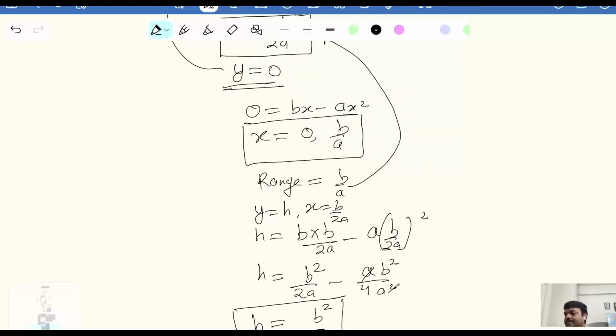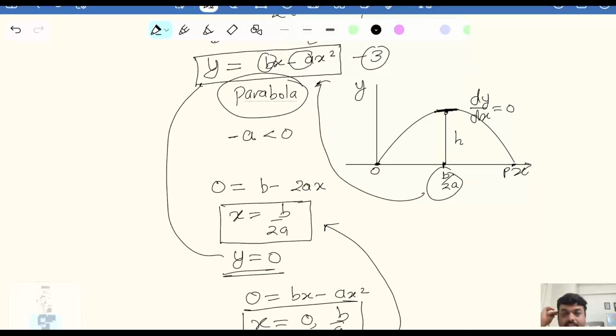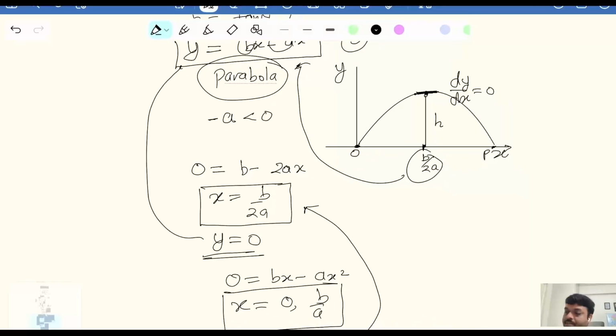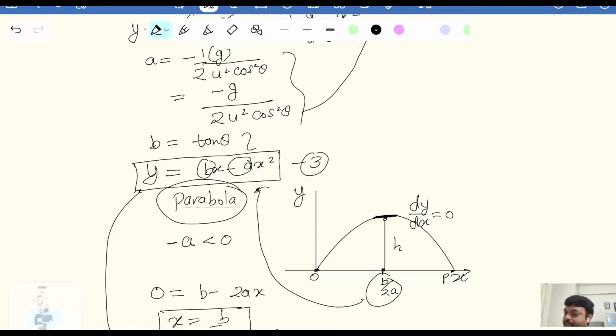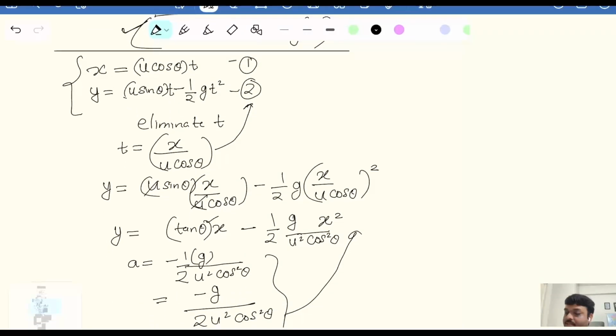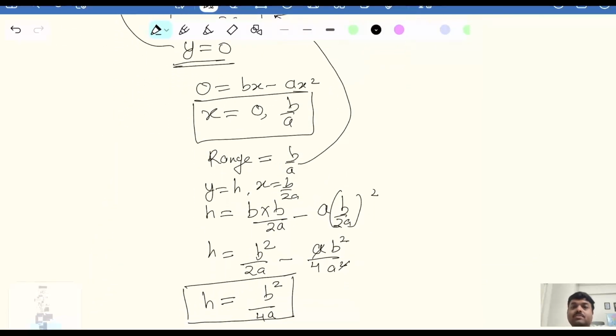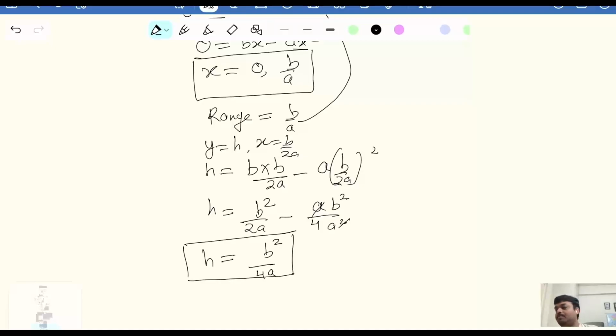Right. So essentially, what I'm trying to tell you here is, don't memorize these things. These all got derived from basics, right? And we have used the very basic fundamental principles over here, and we can derive all such things. So these things will help you solve complex problems as well, right?